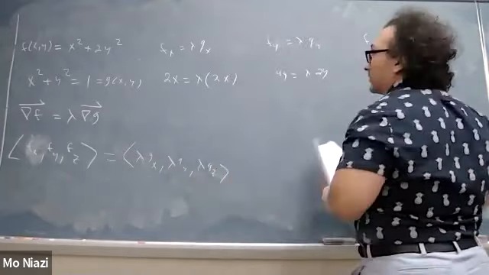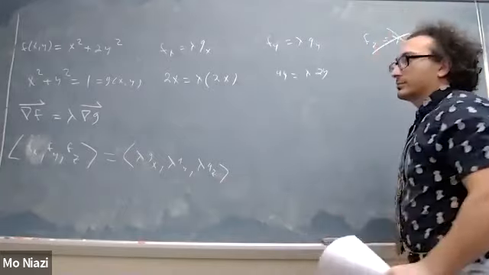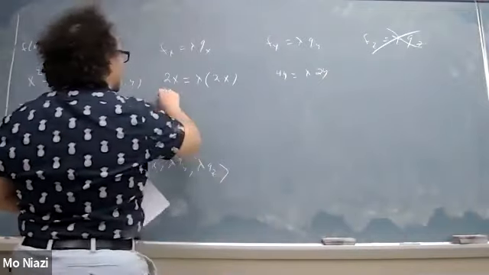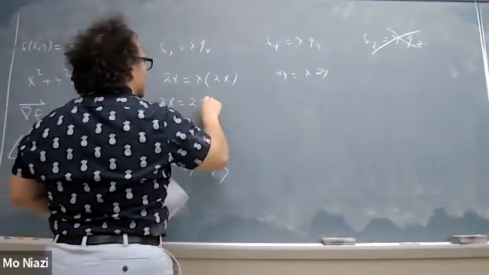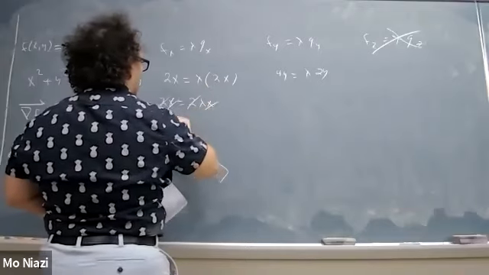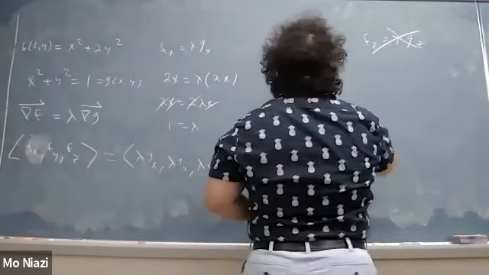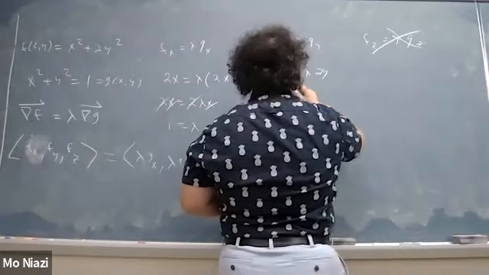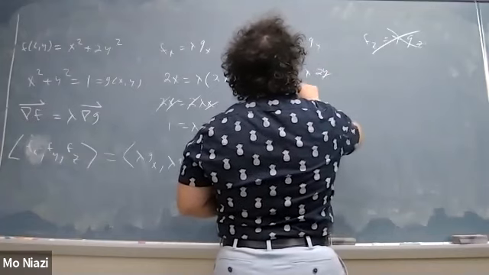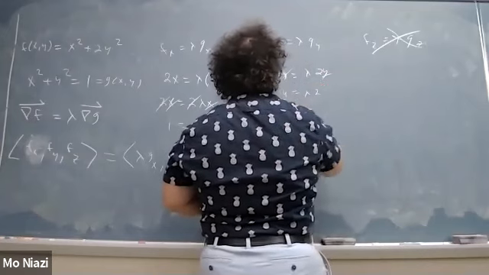Over here, there is no z, so this is trivial. Now I get 2x is equal to 2 lambda x. Cancel the 2x's out, I get 1 is equal to lambda. Over here, I cancel out the y's. I get 4 is equal to lambda times 2, so lambda is equal to 2.